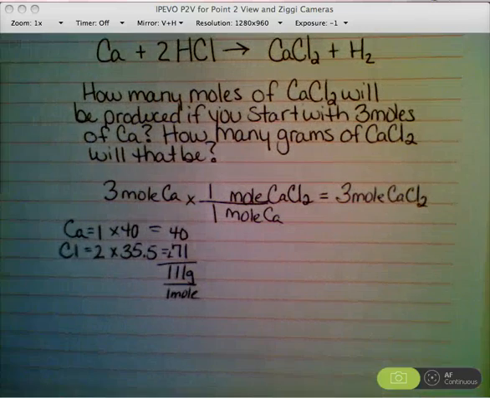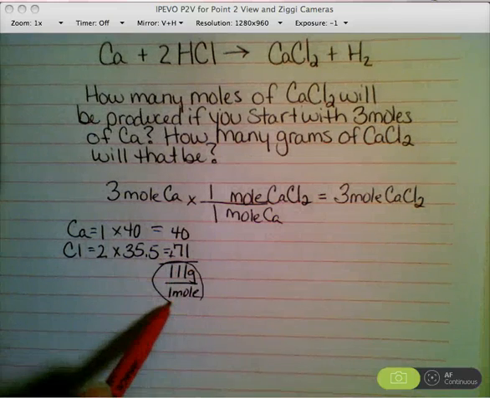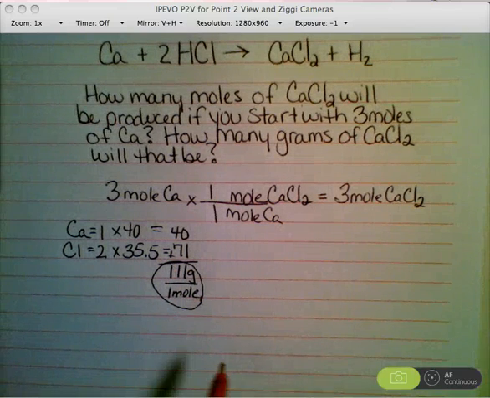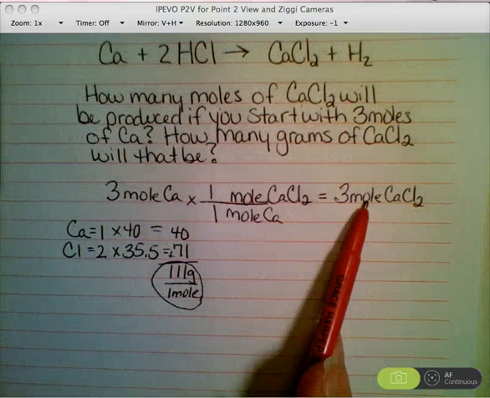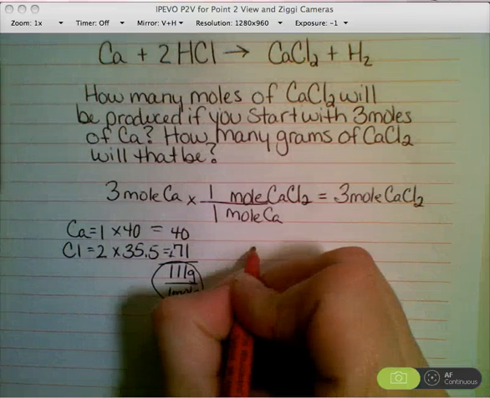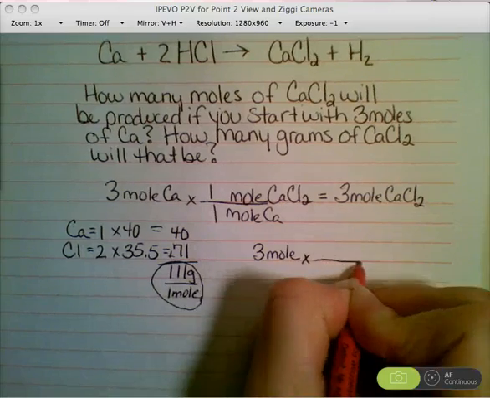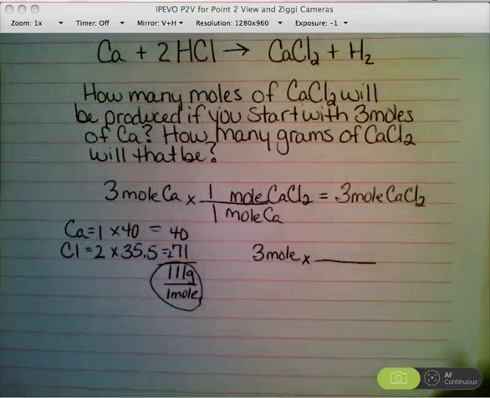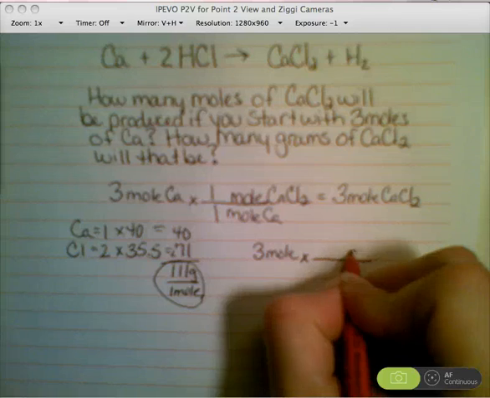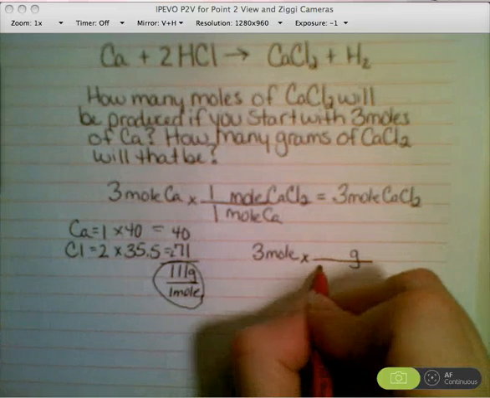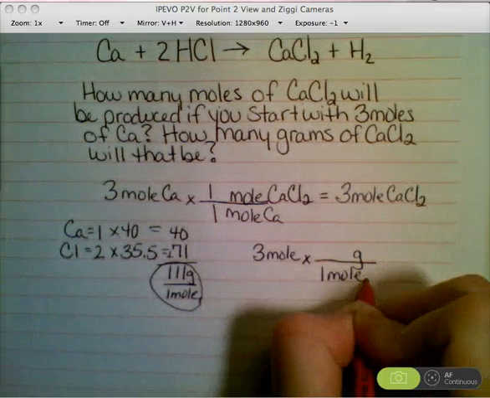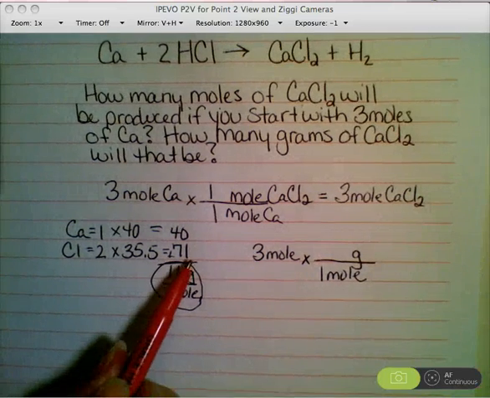So how do I use this mole ratio to determine how many grams this is? So we know I start out with 3 moles, and I need to find grams. So grams is going to go here in the numerator, and my 1 mole in the denominator. And how many grams is that?